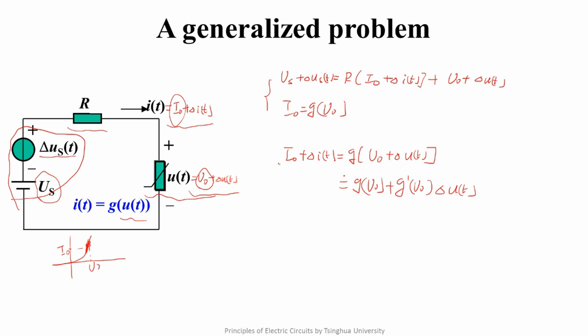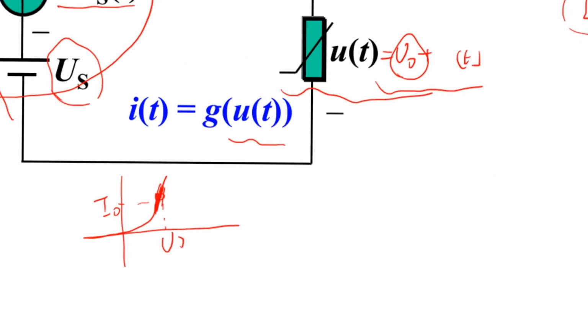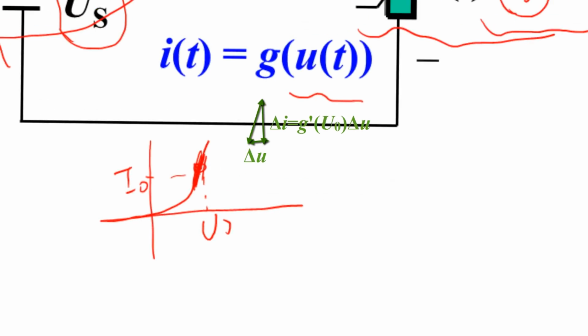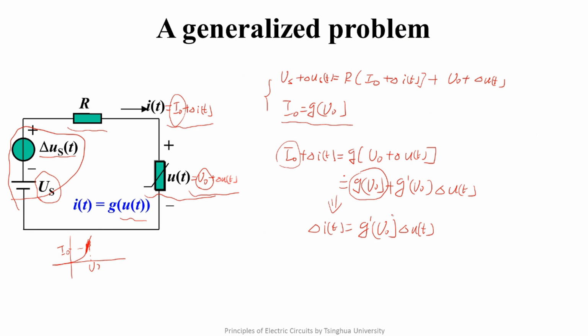Okay, because I0 equals G(U0), we knew it at the very start. According to the equation, we can get delta IT equals G'(U0) times delta UT. Substituting the result into the fundamental KVL equation, we can find that this equation can be divided into two parts.